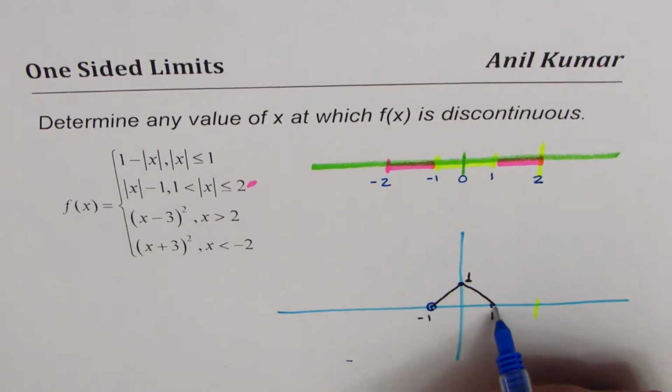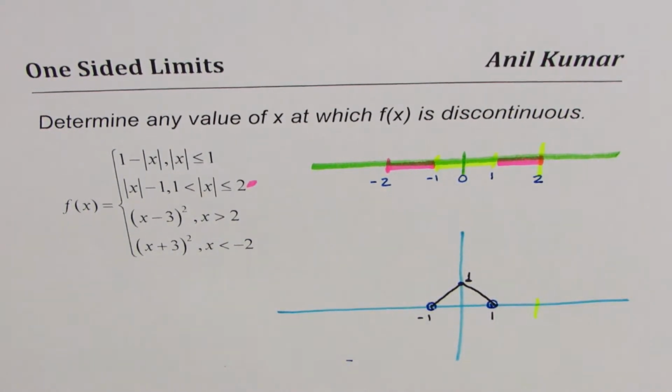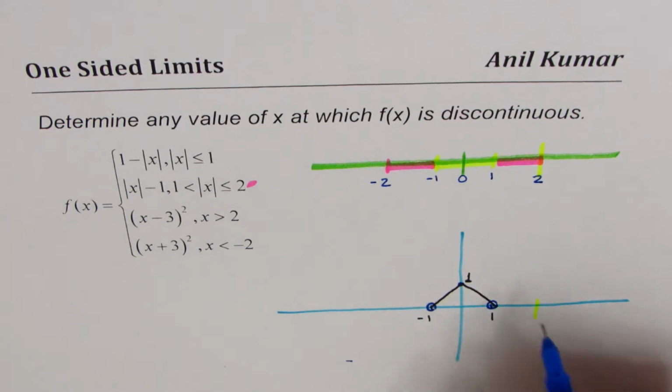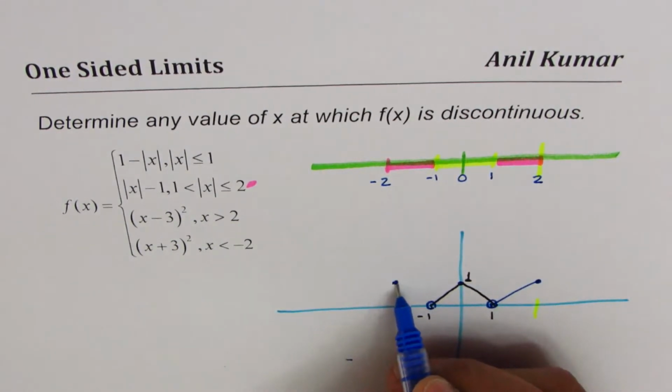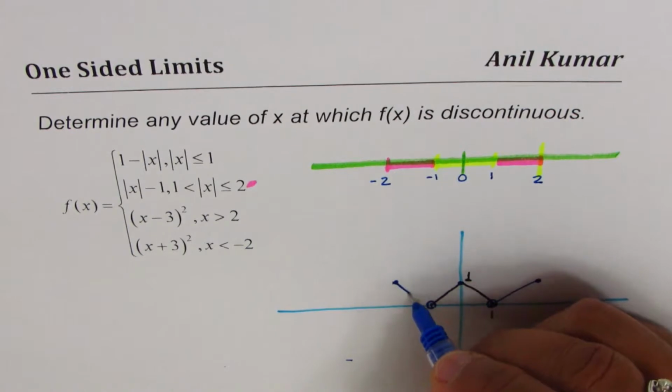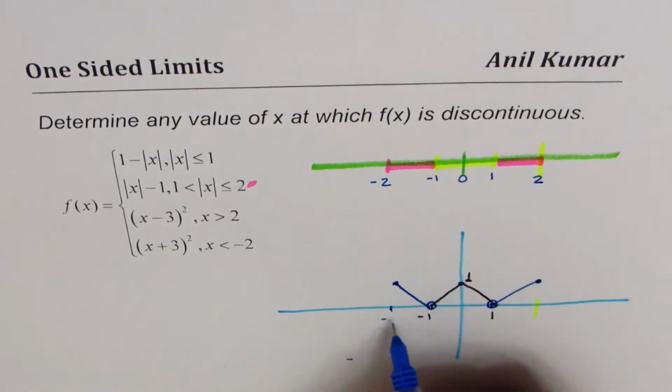Minus 1 also will give me the same point, so it overlaps the previous one. That's the whole idea. And if I write 2 here, 2 minus 1 is 1, so we get a point here, which is included. So we get a graph like this.